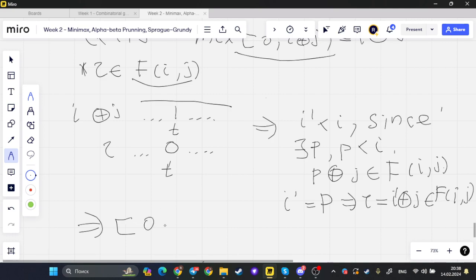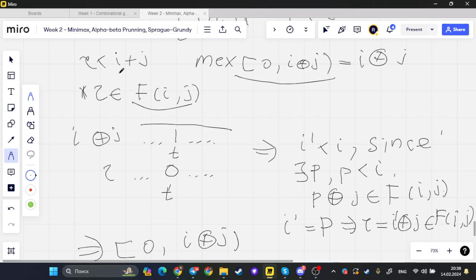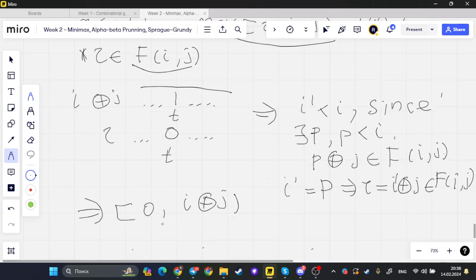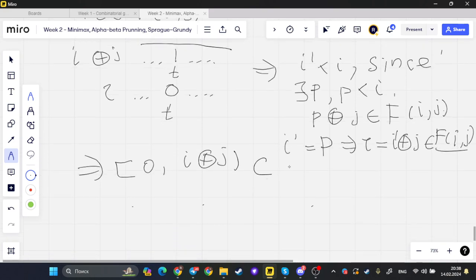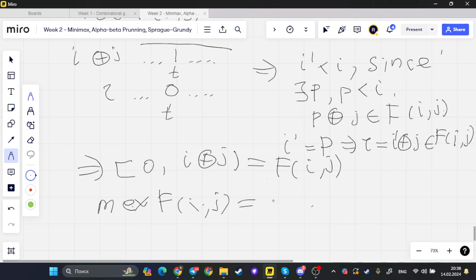We take a half interval now, and plus G. We can find a number, whatever number we took that is less than E plus G, in our set F E G. It means this half interval equals F E G. So max of F E G equals max of, now, E plus G, equals E plus G.